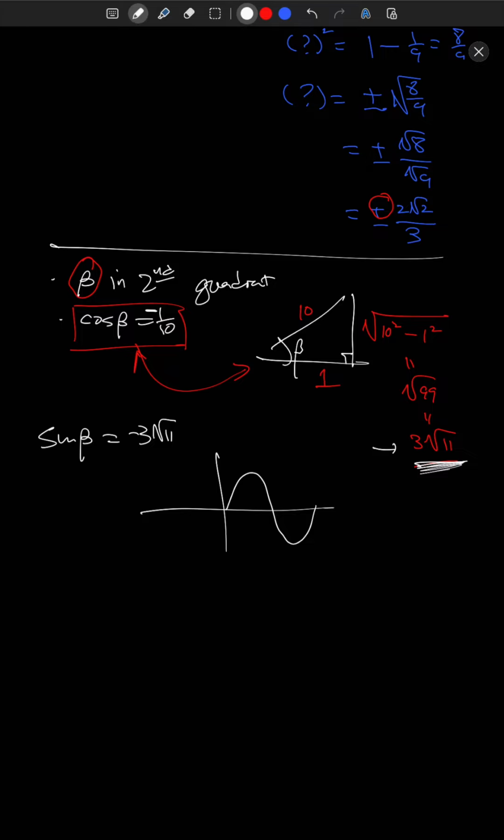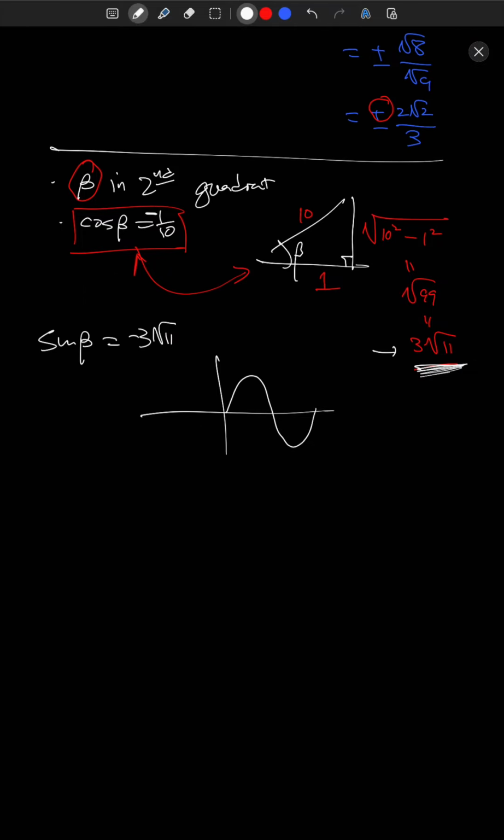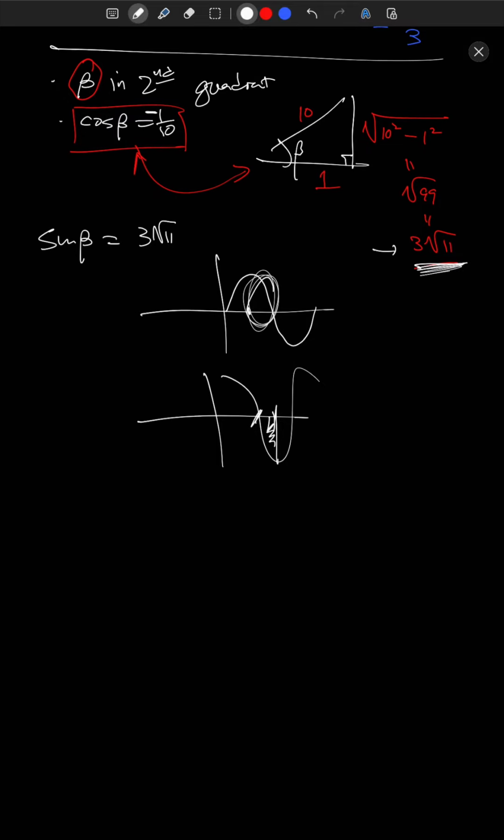Sorry about that. This should be positive. I was thinking of cosine the whole time. Yeah, this should be positive because in the second quadrant, sine is positive. And cosine, correctly, should be negative because cosine looks like that. The second quadrant is this region right there.